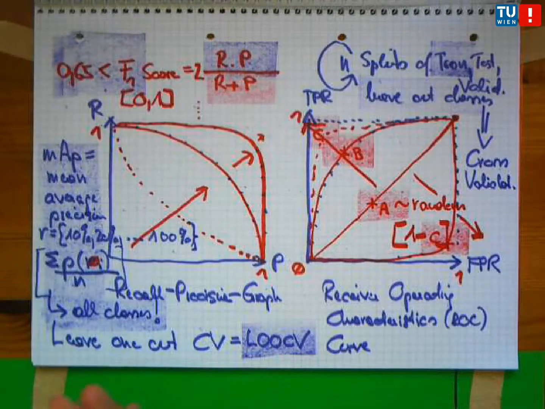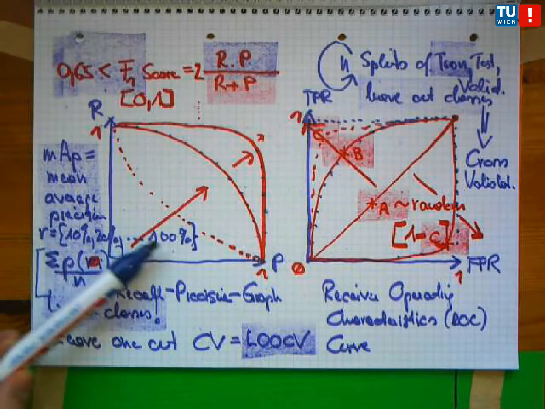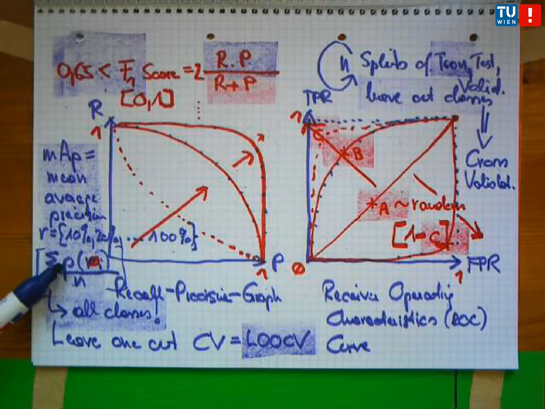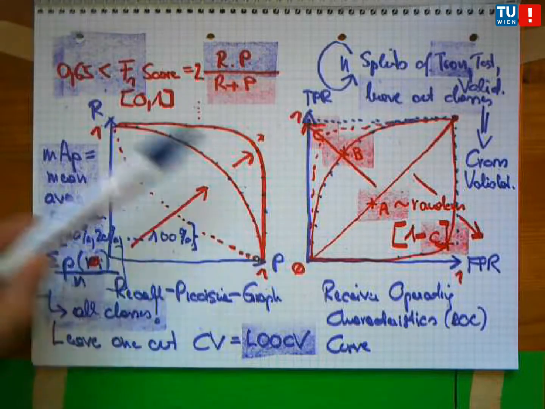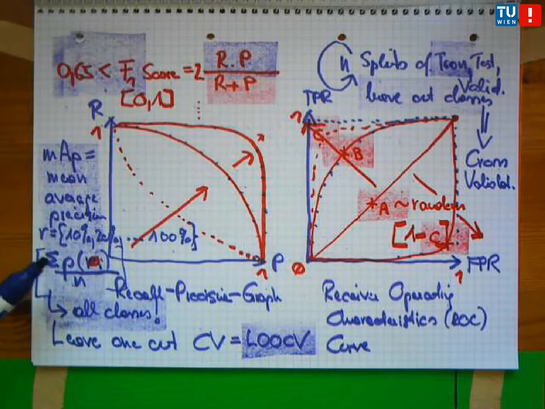So let's repeat it again. Mean average precision means define recall classes like a linear split from 10 to 100%. See what precision you can gain at that recall level. As we said, you can always trade one for the other, recall for precision and precision for recall. Sum those up, divide by the number of levels n that you have, like 10 or 11, 11 is the more frequent one.